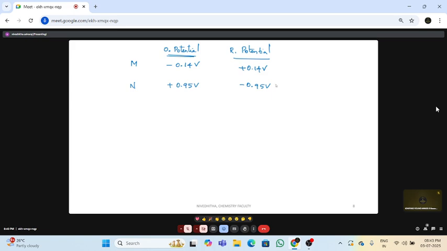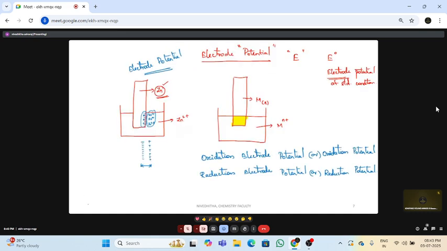In your problems, they may give you any metal and any potential. But conventionally, you have to use reduction potential for all the problems, which is very, very important for all the problems and all the shortcuts I'm going to teach you in the future. Please don't use oxidation potential, you'll get confused.